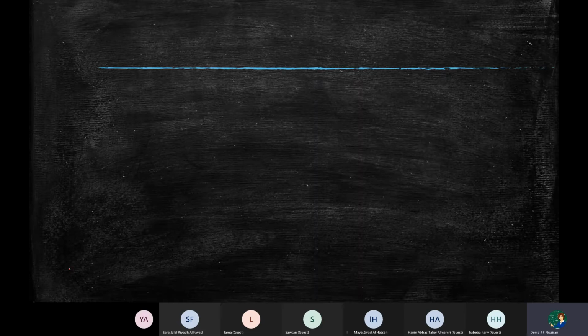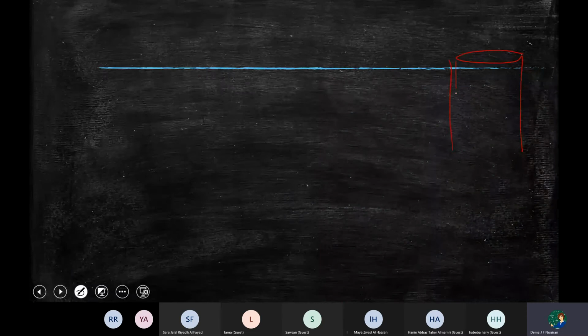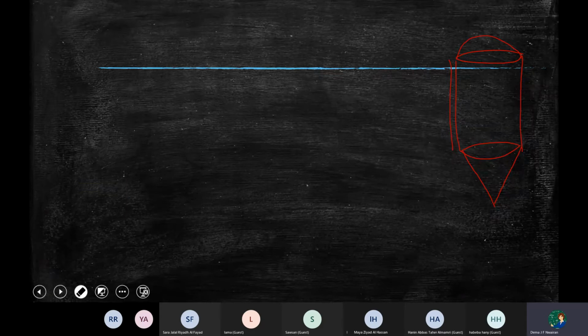I will put an example from the moment. If you have this cylinder here, and we have a cone, and here we have half a sphere. It's like this. This is a composite shape.